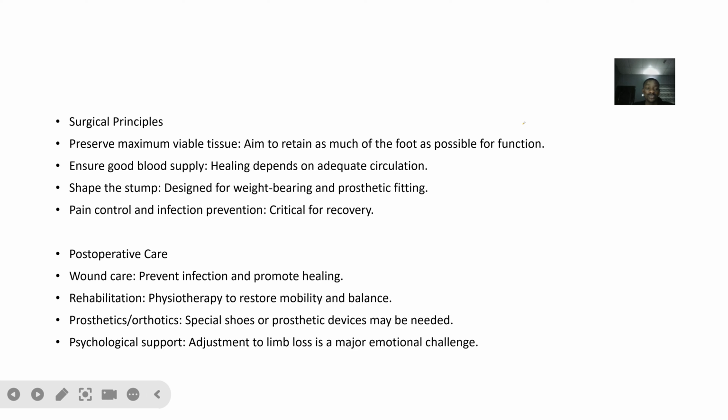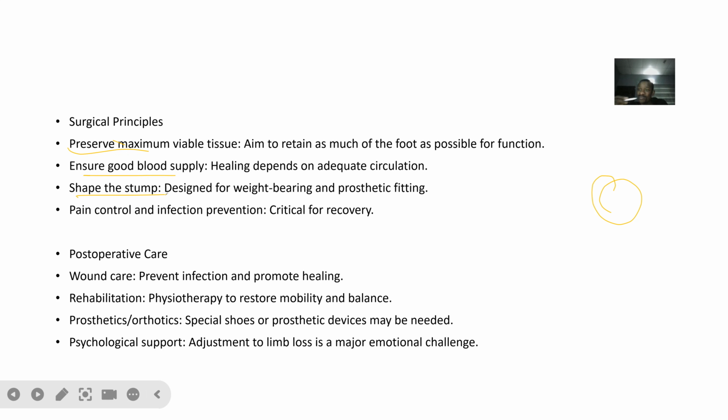So the surgical principles: you always make an assessment to make sure that you are removing only the tissues that are damaged. The tissues that are good, please always preserve them. Ensure that the blood supply is good. Shape the stump, the part that you are leaving, so that it doesn't cause disturbances.